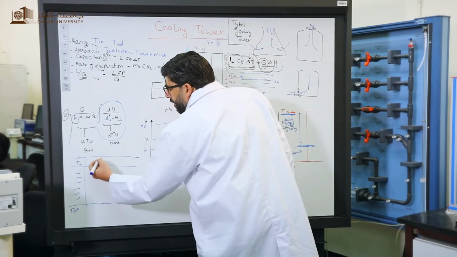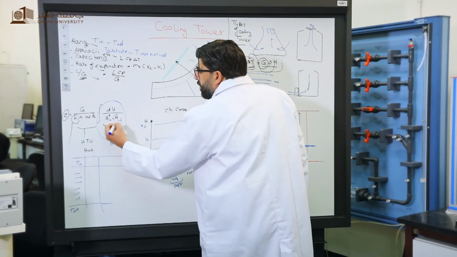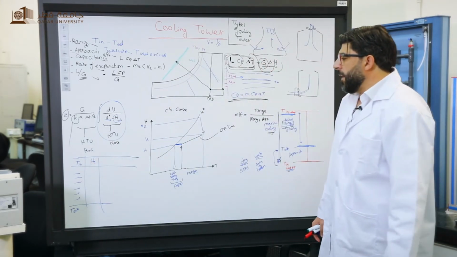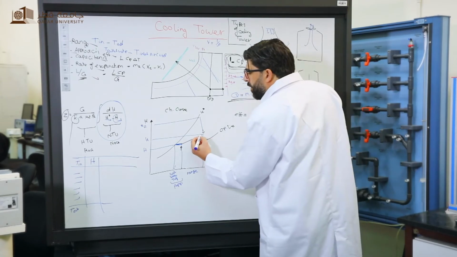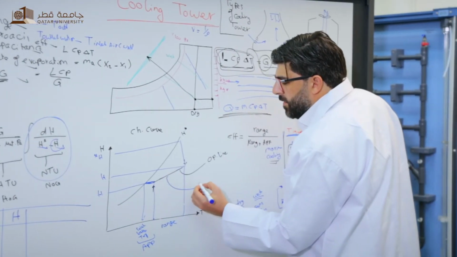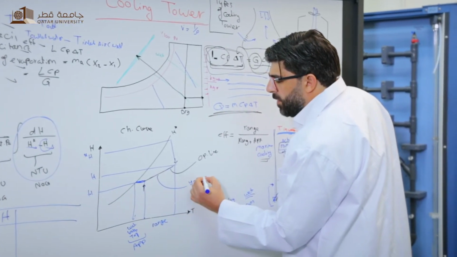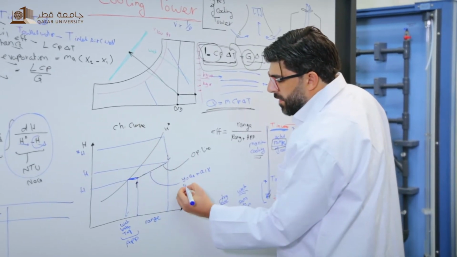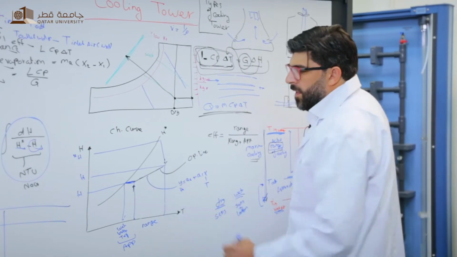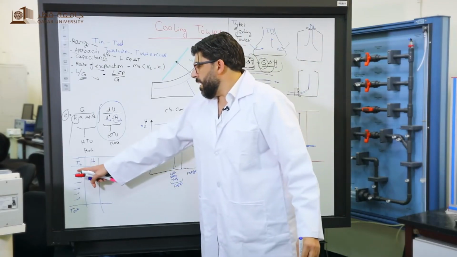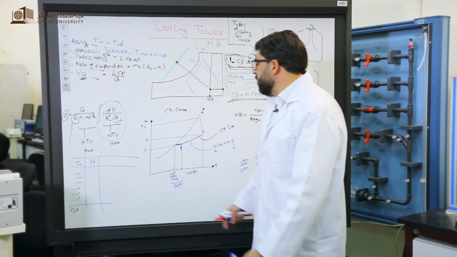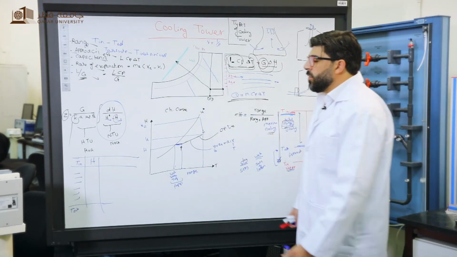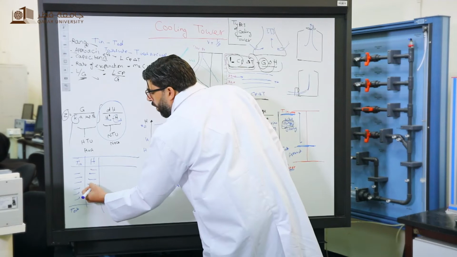Okay. Now we want to find H. H can be defined using the operating line equation. This line is y equals a0 plus a1x, where y here is H, and x here is t. So from the temperature t and using the operating line equation, you can find H for all points.